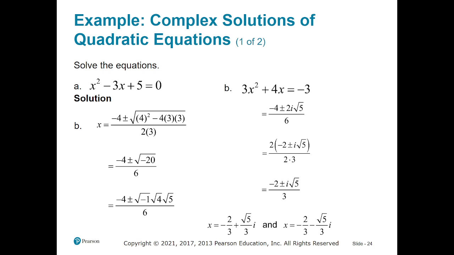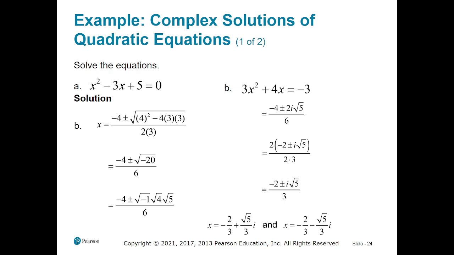Okay, but we've got to kind of break up that radical still, right? We know that we can reduce this and simplify it some more. So negative 20 under the square root can be broken up as the square root of negative 1 times 4 times 5.